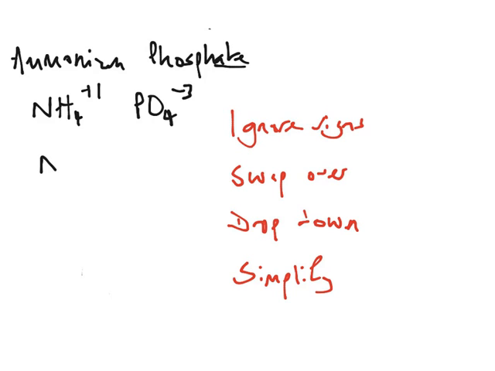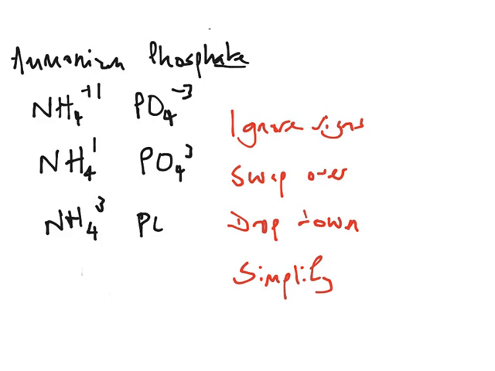We ignore the signs, NH4 1 and PO4 3. We swap them over, so it becomes NH4 3, PO4 1.